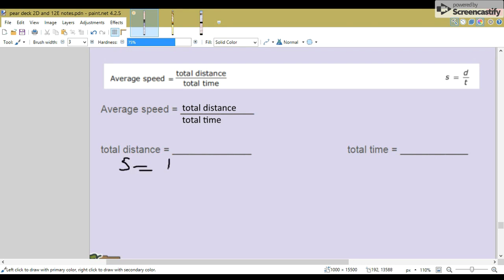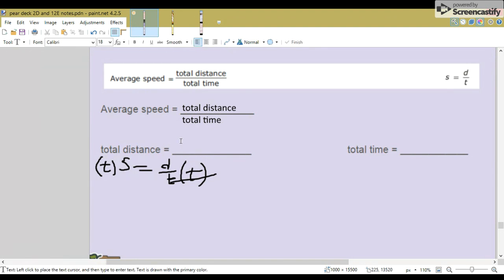So if S equals d over t, to get d by itself, we want to multiply each side of the equation by t. So we have d equals t times s. So total distance equals total time times average speed.